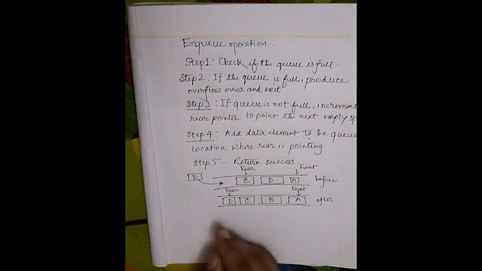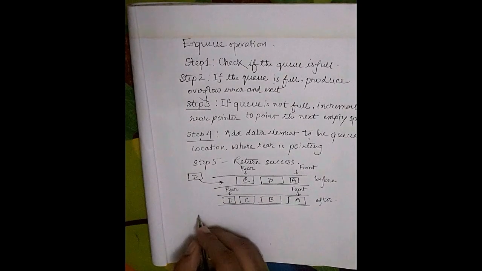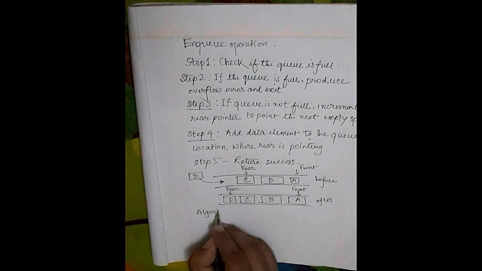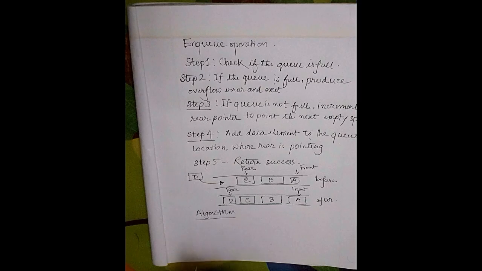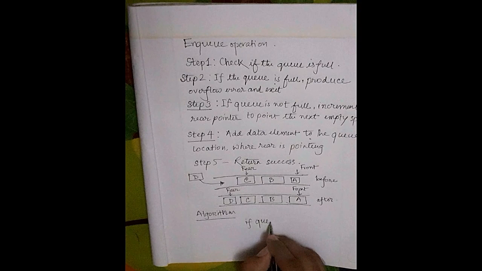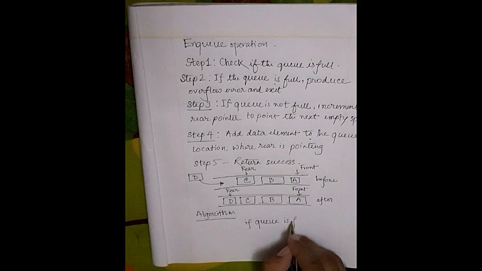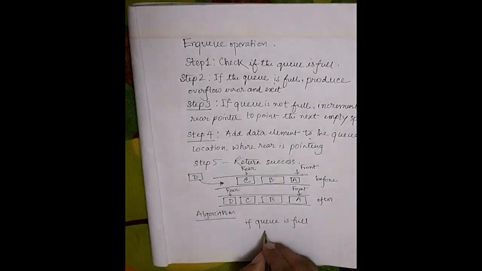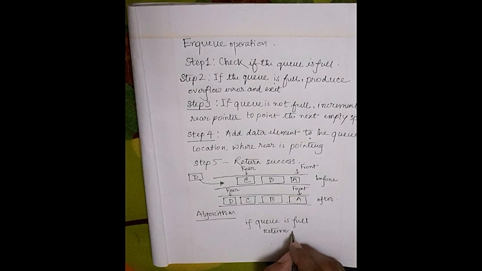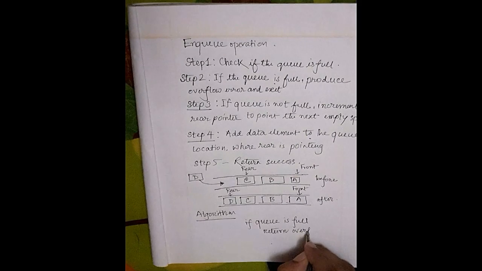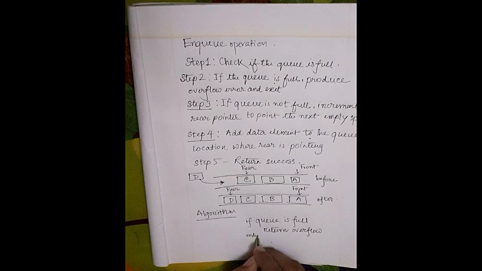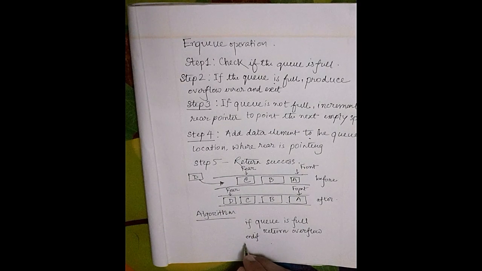Done? Okay, then let's get into the algorithm now. The algorithm can be written like: if Q is full, then we return overflow. Right.